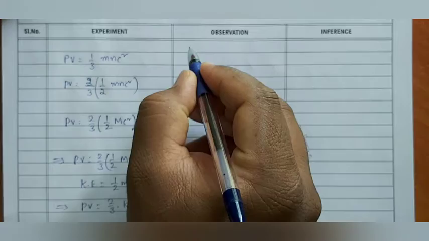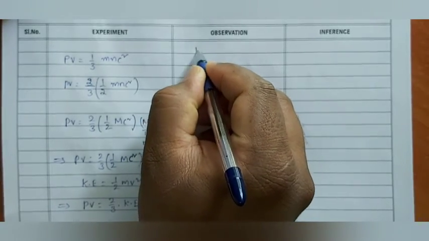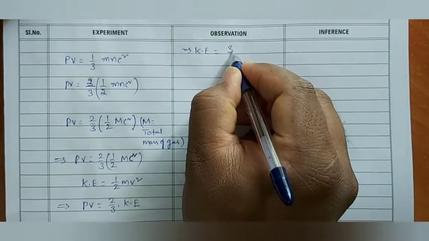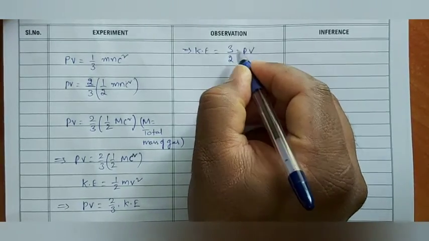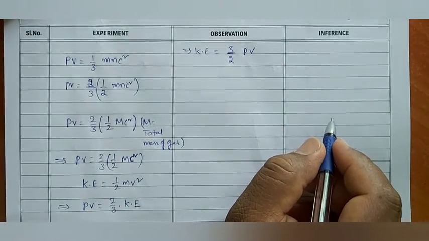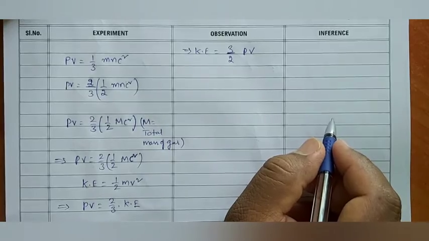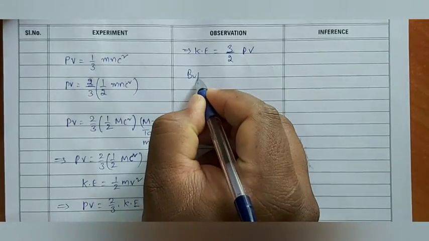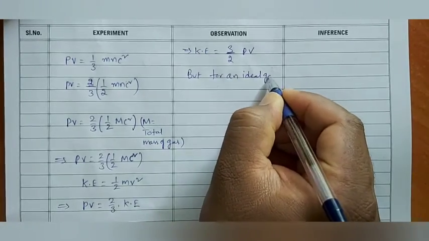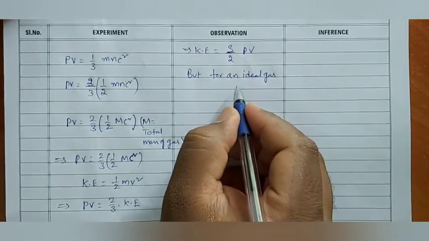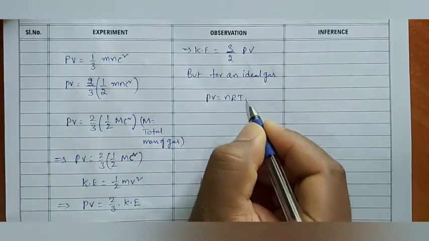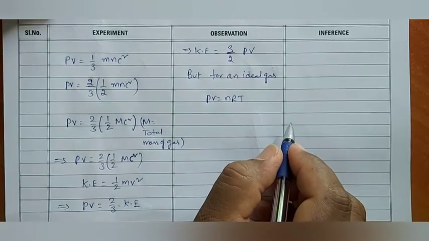Next, after writing this one, I am going to write kinetic energy is equal to 3 by 2 into PV. But for an ideal gas, from ideal gas equation, PV is equal to nRT.